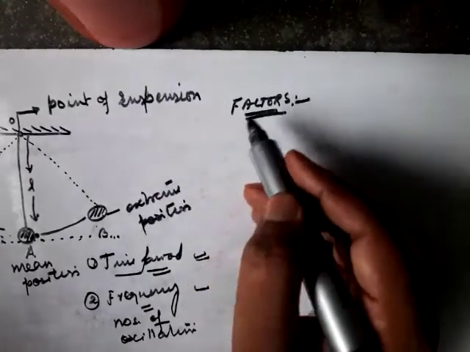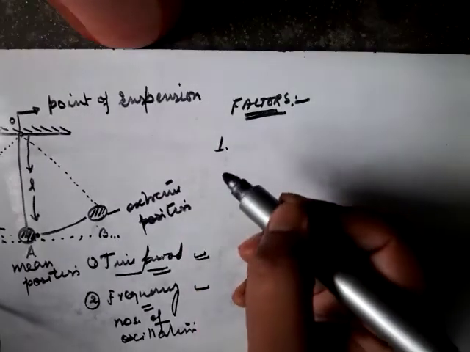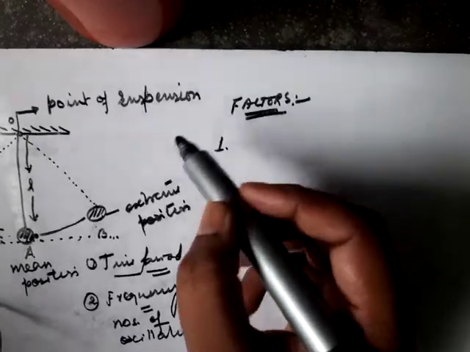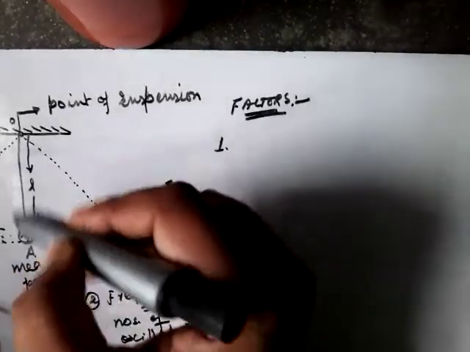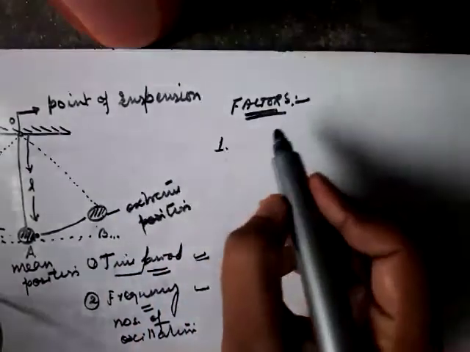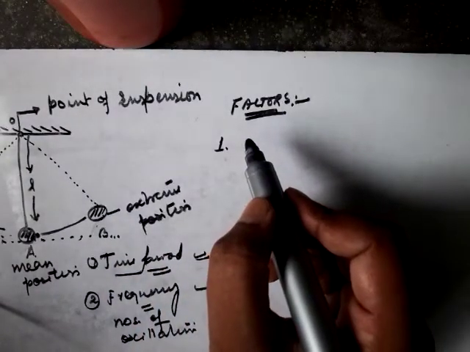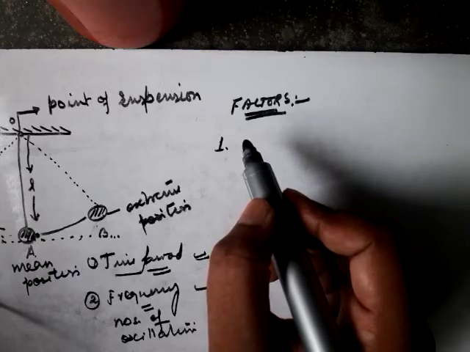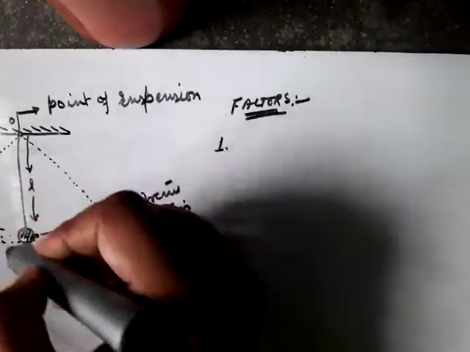Scientists performed this experiment with a simple pendulum and made an observation. The first factor is the length of the pendulum, the effective length.